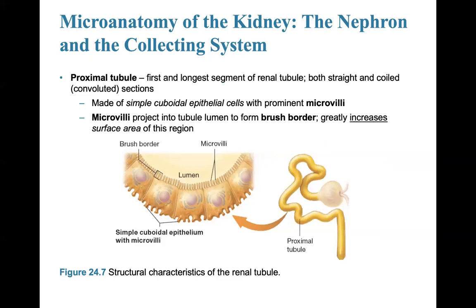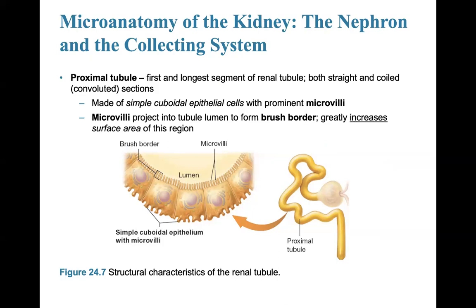So the proximal tubule, this is the first and longest segment of the renal tubule. Both straight and coiled or convoluted sections exist. It is made up of simple cuboidal epithelial cells with prominent microvilli. Now, whenever you see a cell that has lots of microvilli, and we talked about this with the digestive system, this will allow those cells to function in absorption.